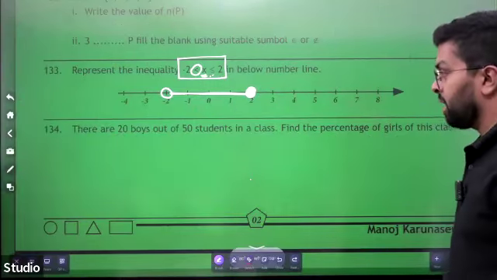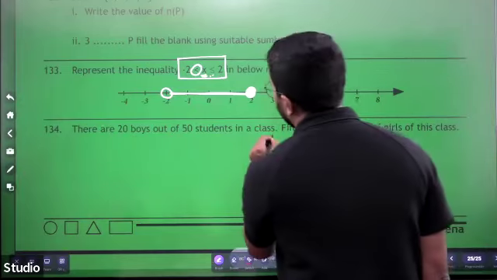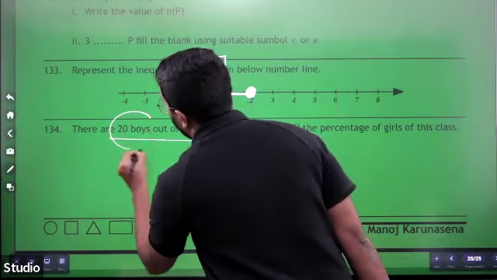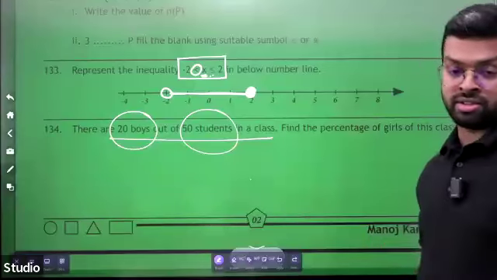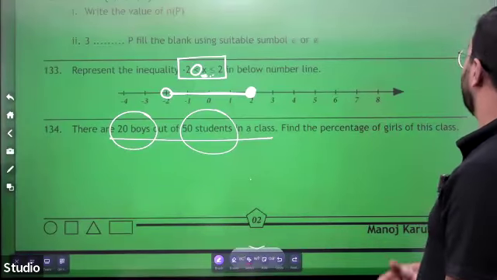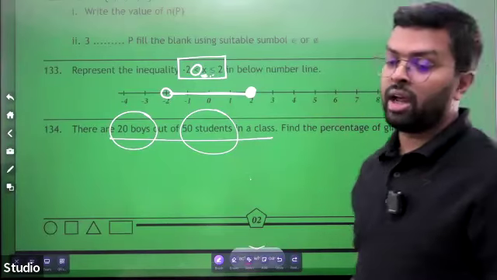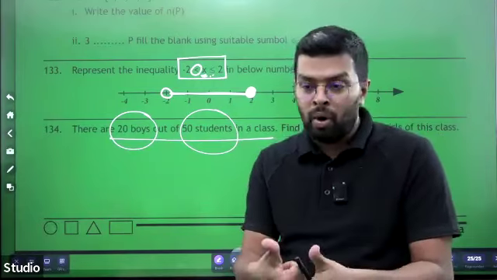Remember inequalities. There are 20 boys out of 50 students in a class. Find the percentage of girls in this class. Right? Total number of students is 50. We have 20 boys.